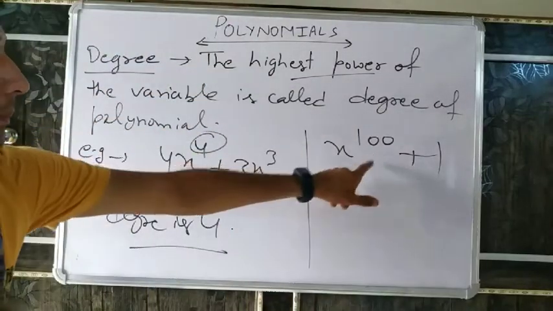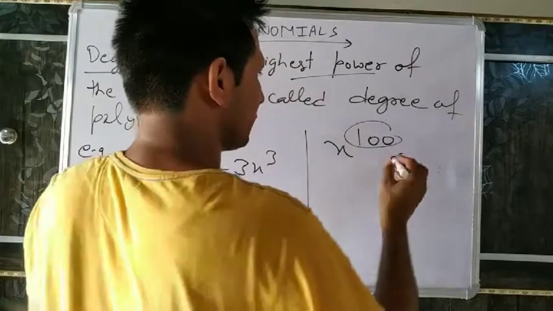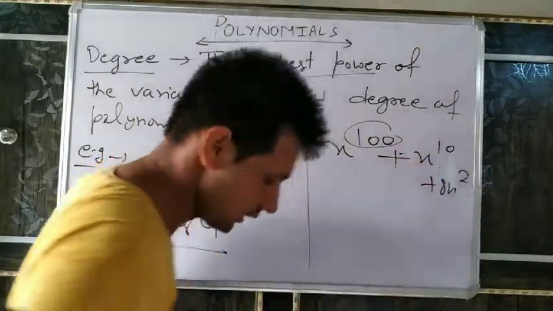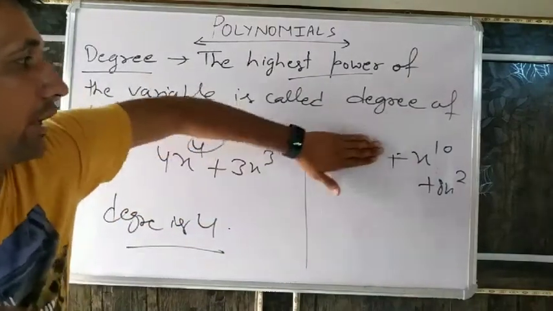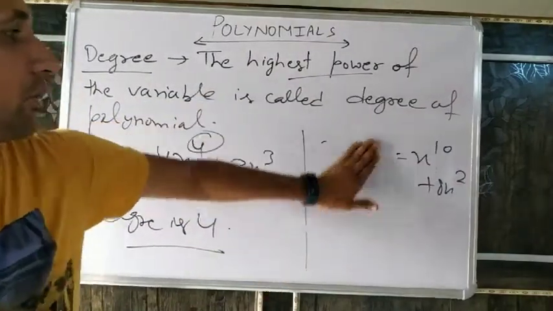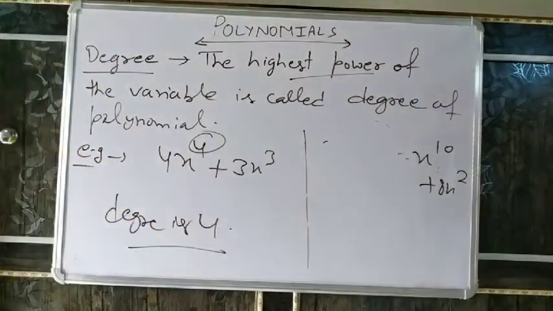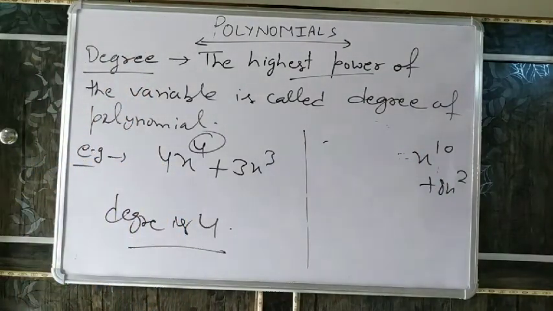Power is 100, so the degree is 100. Suppose I write x raised to the power 100 plus x raised to the power 10 plus 8x raised to the power 2. The highest power is 100, so the degree is 100. Now suppose I write x raised to the power 10 plus 8x square. Now the degree is 10. We will check only the highest power. Understand? Next.